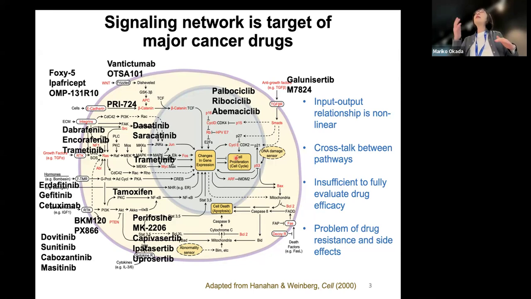So we want a higher success rate in drug development, and to understand the problems of drug resistance and side effects before the clinical trial, because the clinical trial is very expensive and takes time. So prediction before the clinical trial is very important these days. Even Japanese pharma companies want to develop predictive models using the limited amount of experimental or clinical data we already have.